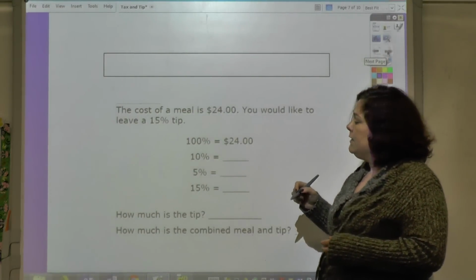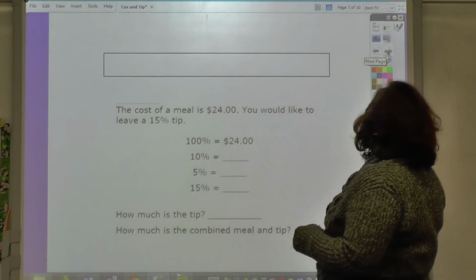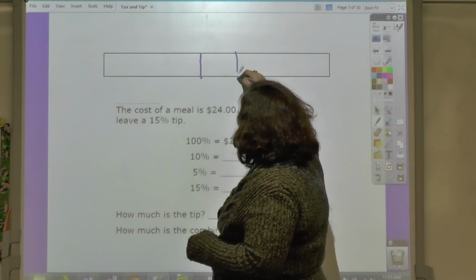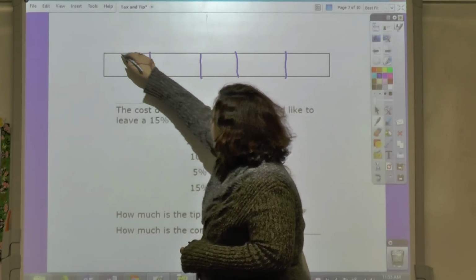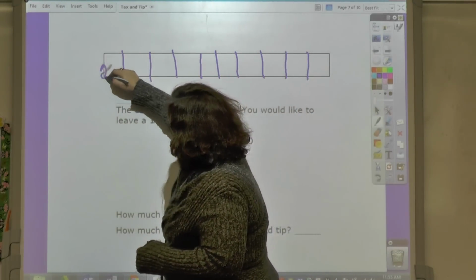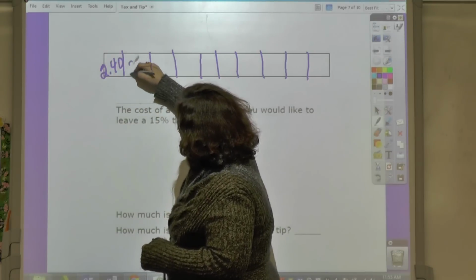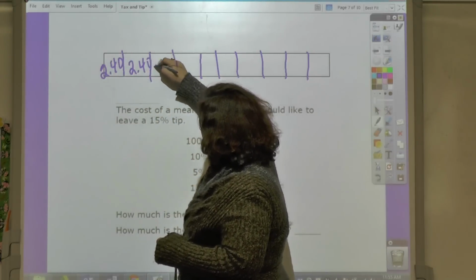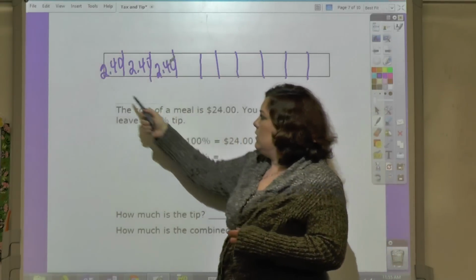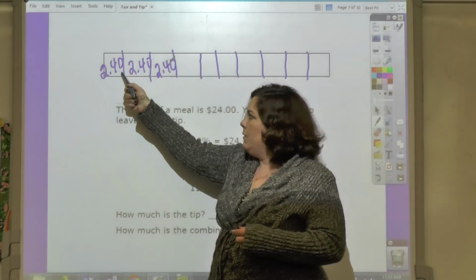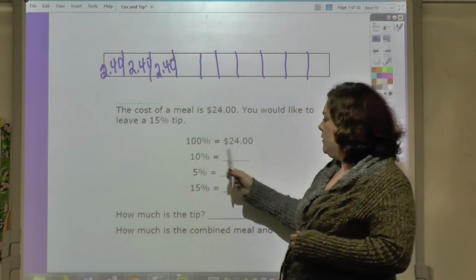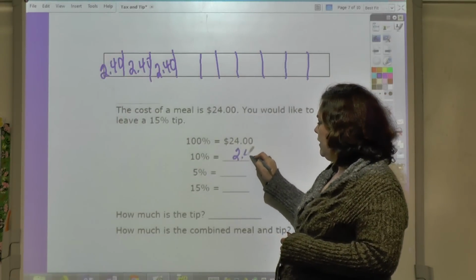So we have a cost of a meal is $24. And so 10% of that we'll put in our percent bar model. One place over to get 10% is $2.40. So each one of these is going to have $2.40. Well, so 10% is $2.40.